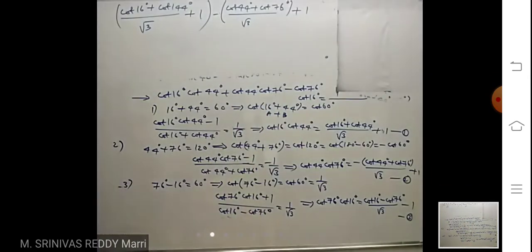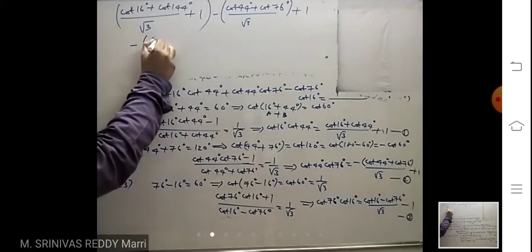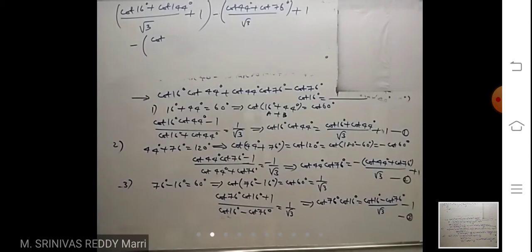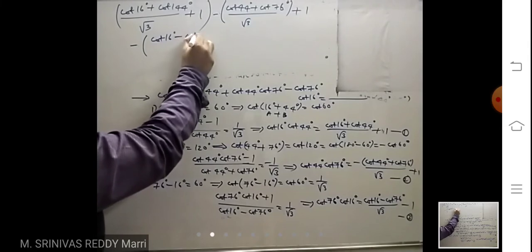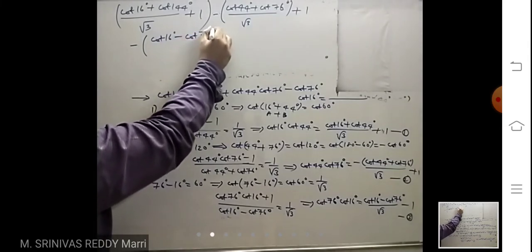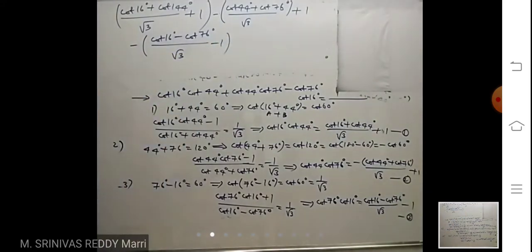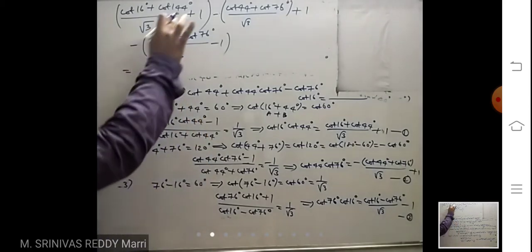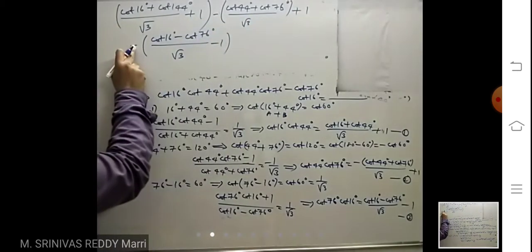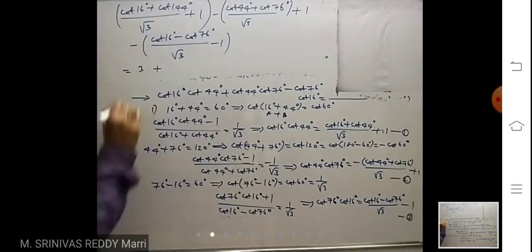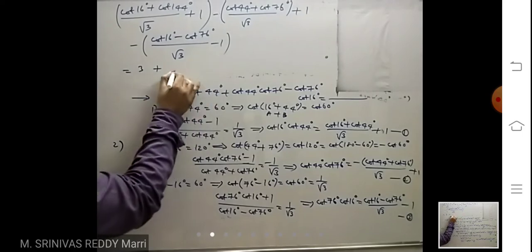Next, the third one, minus of (cot 16 degree minus cot 76 degree) divided by root 3 minus 1. Now if you look at how many ones are there? 1 is here, 1 plus 1 is 2, minus of minus 1 is 3, minus of minus 1 is 3. Here root 3 is there, here root 3 is there, here root 3 is there. Take the LCM.